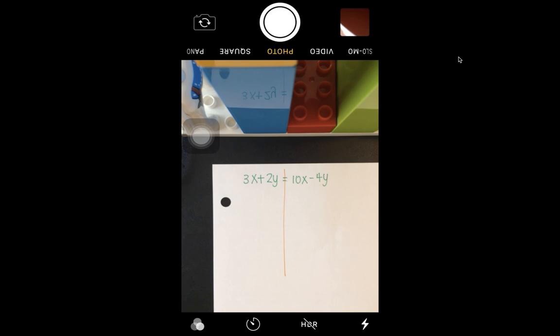Okay, I'm solving for x. Does anyone think they know what's the first thing you need to do? What's step number 1?